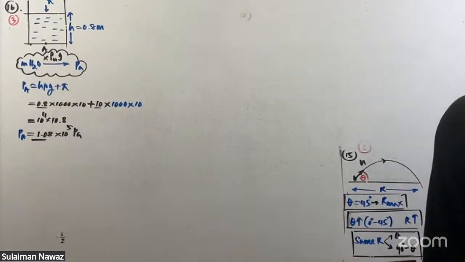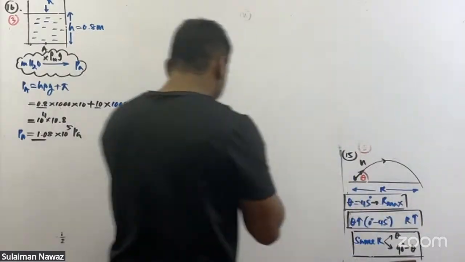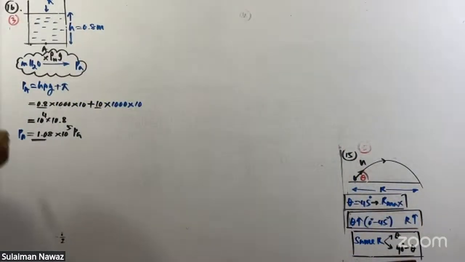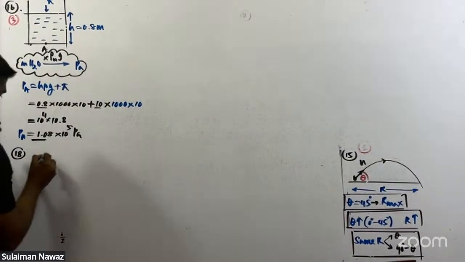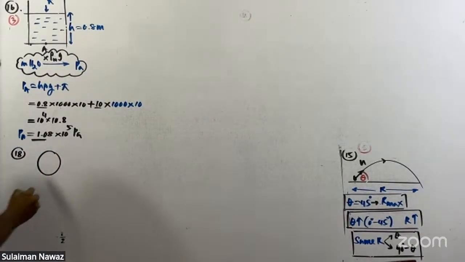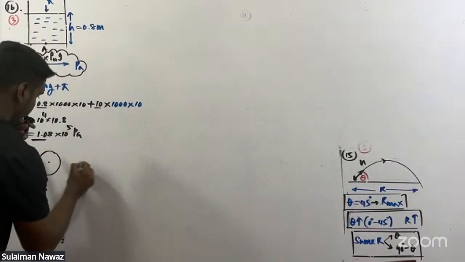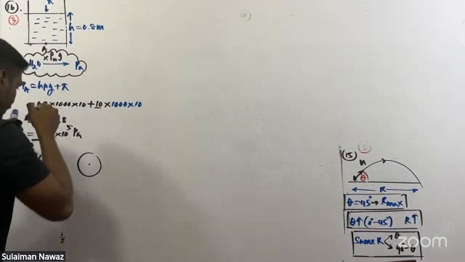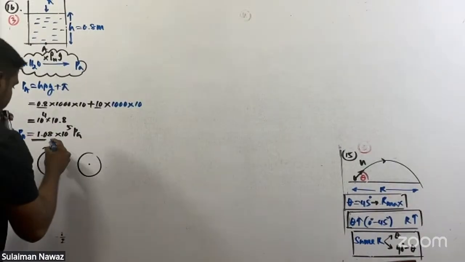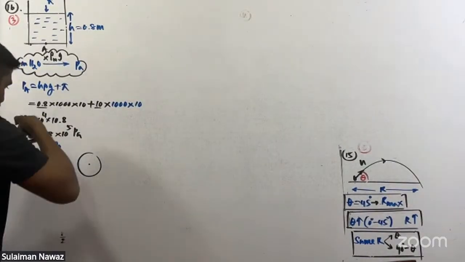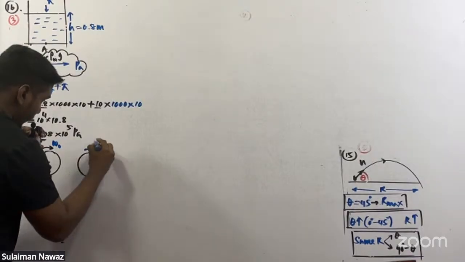Not difficult. We'll see. Question number 18. That's an object. Initial angular velocity omega naught is given, 600 rad per second. Final angular velocity omega is 0.